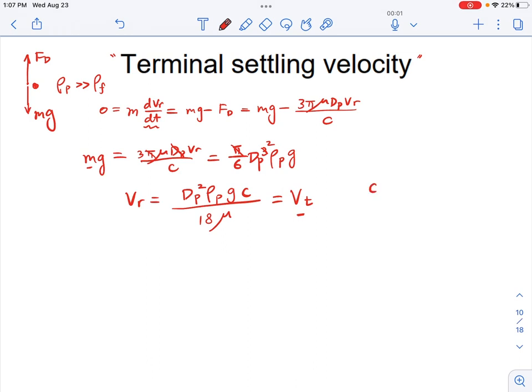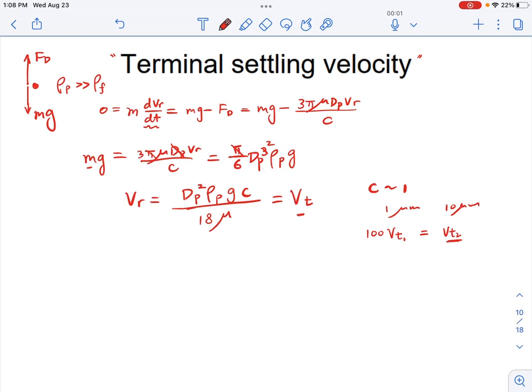And especially when you consider the regime where the Cunningham correction factor is close to 1, which means that we're comparing particles of, let's say, 1 micrometer and 10 micrometer, then their settling velocities, let's say VT1 and VT2, are going to have the relationship that the 10 micrometer particle settles 100 times faster, because we're considering the square of the particle size as a factor in the terminal velocity.